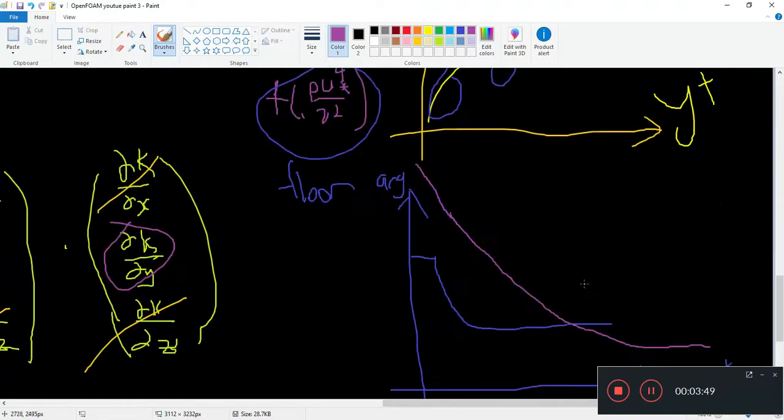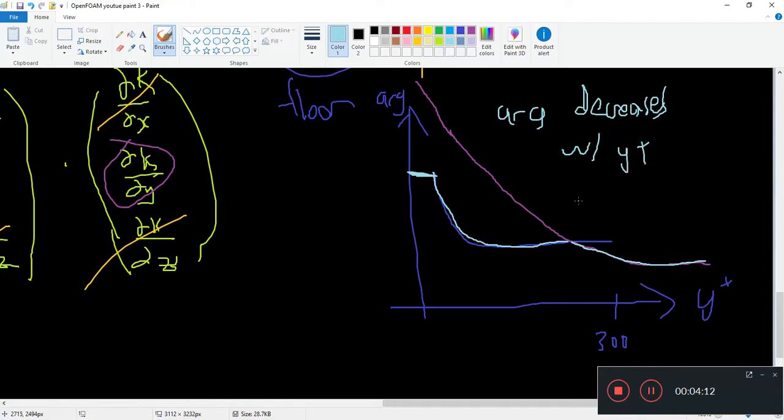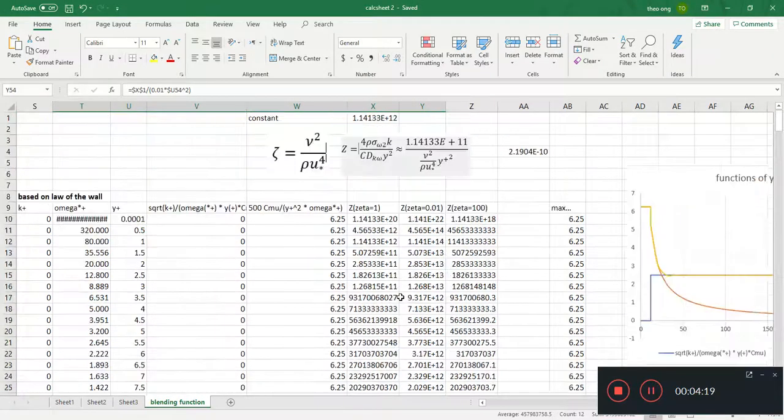If you want to take the minimum of these functions, you probably take this, you take this, and then you take this. Whatever it is, assume it shows that the argument decreases with y plus, and that's the correct behavior.